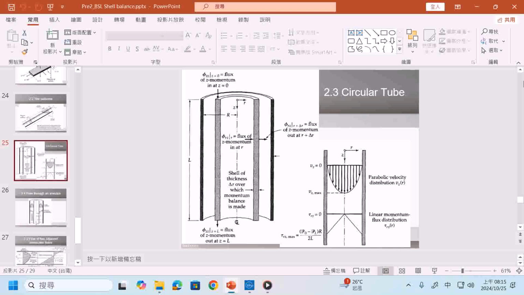Probably 3 weeks ago, we had this one, right? Another time we dealt with, I don't remember exactly what, but in my memory we got a velocity profile, and also the shear stress. Did we calculate the average velocity?